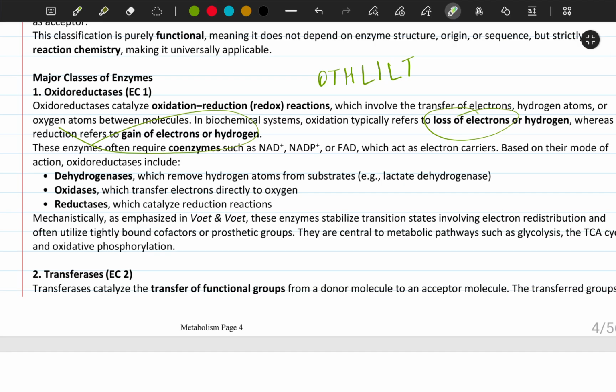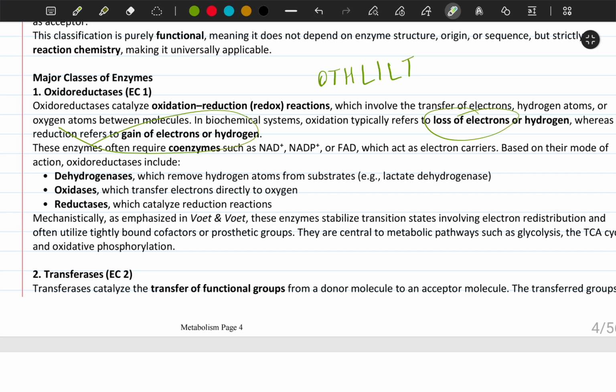Based on the mode of action, oxidoreductases include dehydrogenases, which remove hydrogen; oxidases, which transfer electrons directly to oxygen; and reductases, which catalyze the reduction reaction.